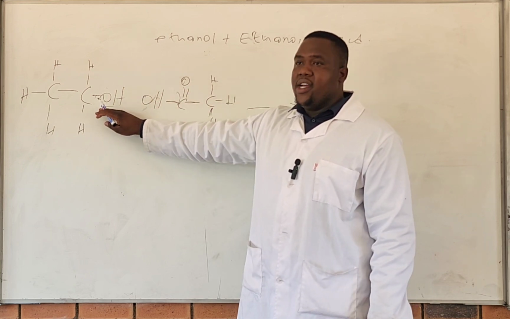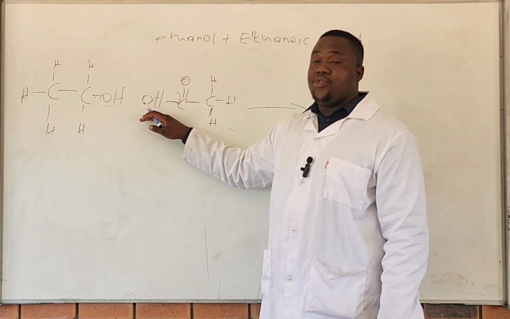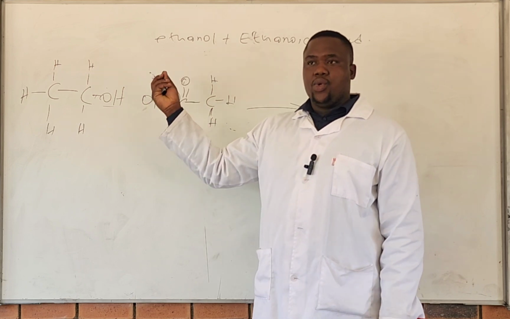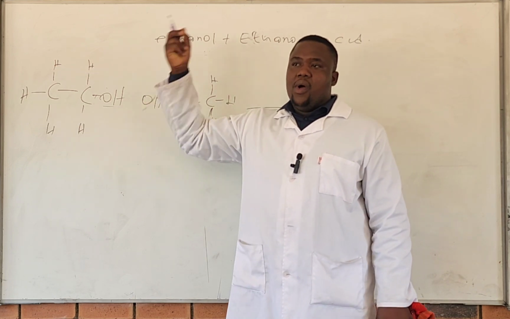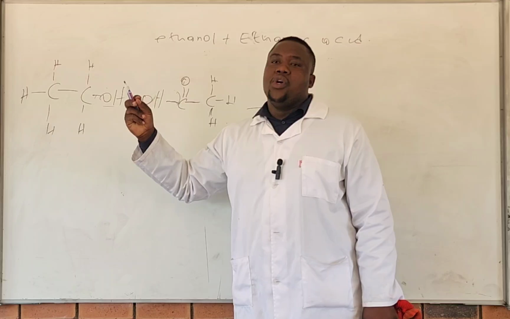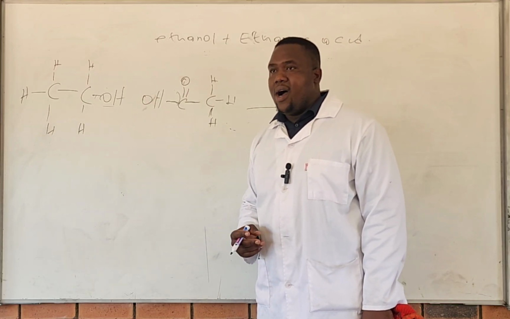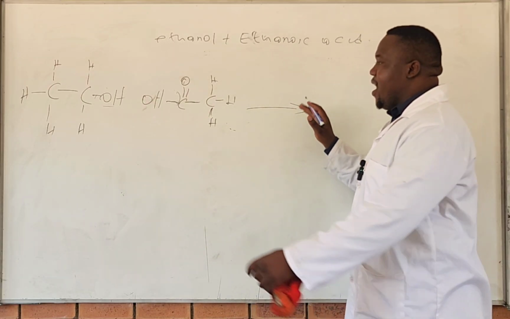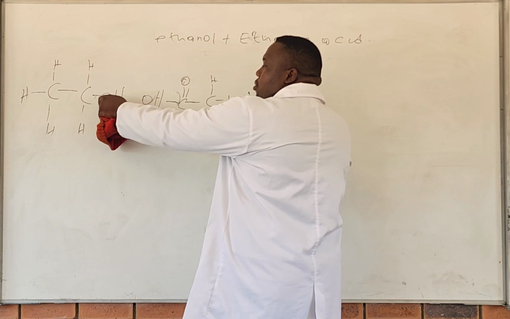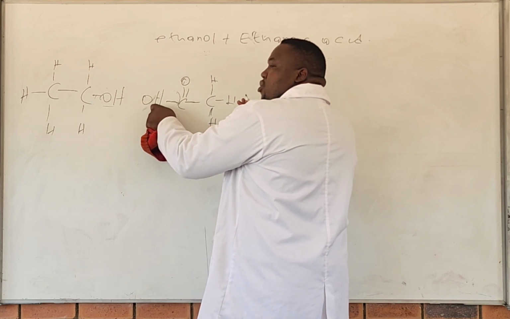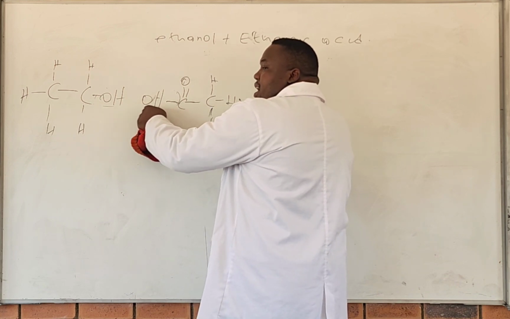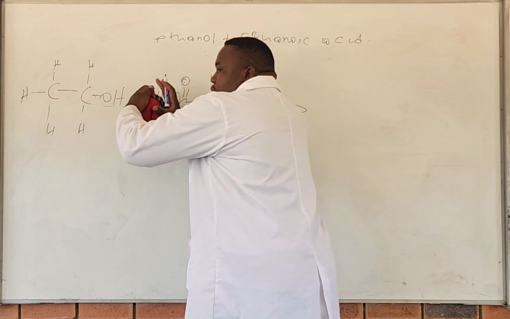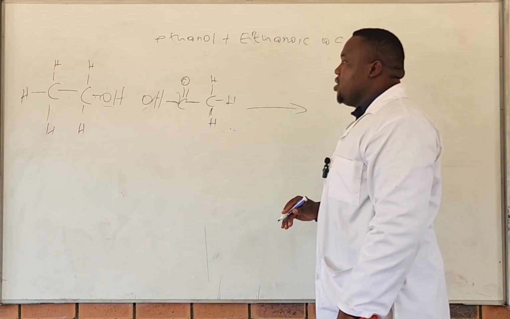Then the OH from the alcohol and the hydrogen from the carboxylic acid are going to come together to form H2O, which is water. Are we together? So make sure that after removing OH on this side and H on this side, you make the two come together.